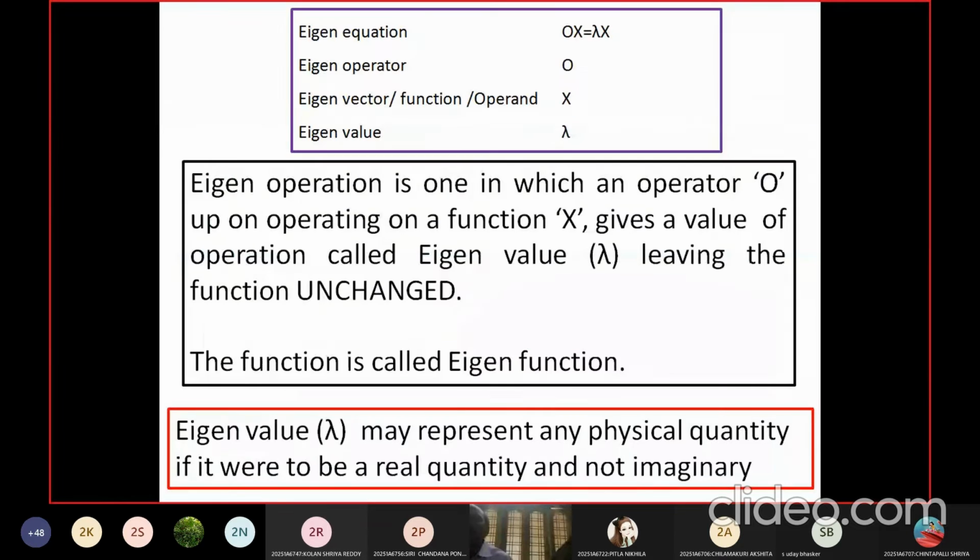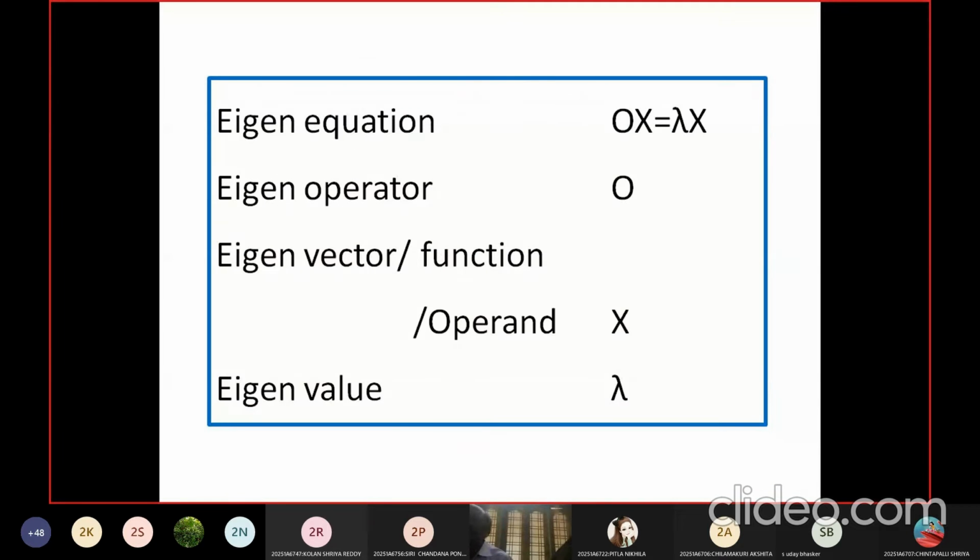That's your eigen equation: operator O acting on the wave function psi of x, giving you the value of the physical observable lambda, keeping the wave function unchanged.